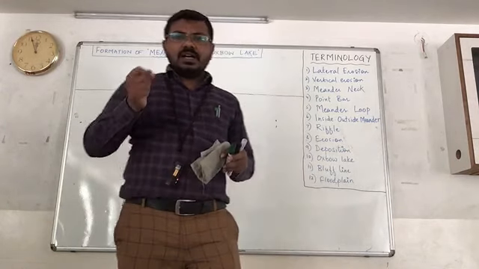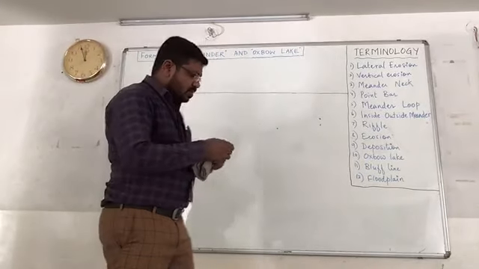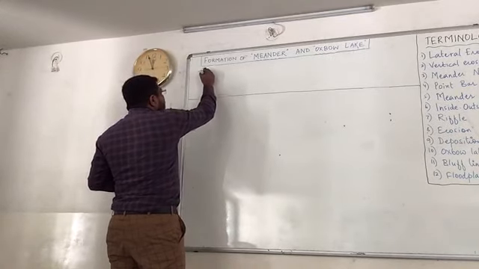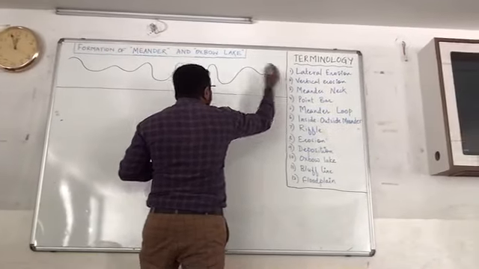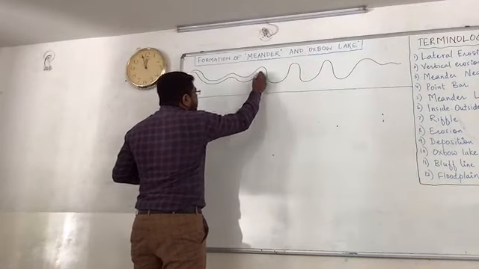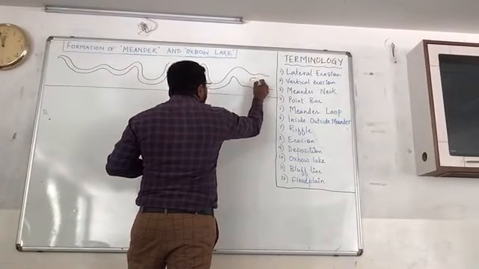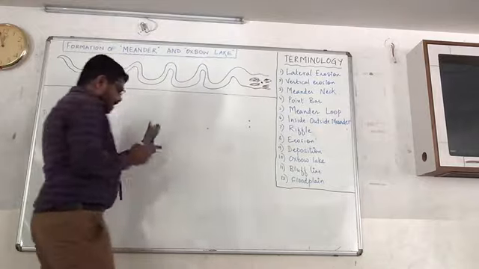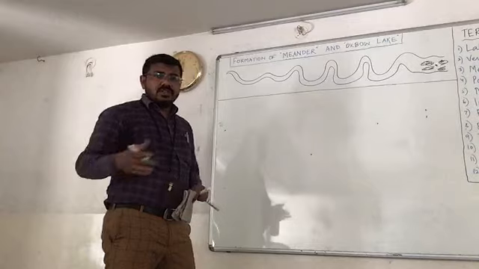Okay, so quickly we are going through the three courses of the river. I am drawing a diagram over here. If you see, a river generally flows in a pattern, and this pattern starts from the upper course, enters into the middle course, and then the river ends. Right now we have to divide the entire course of the river into three parts.